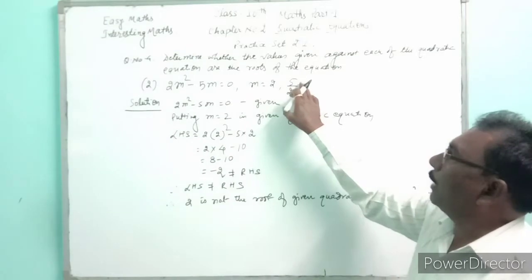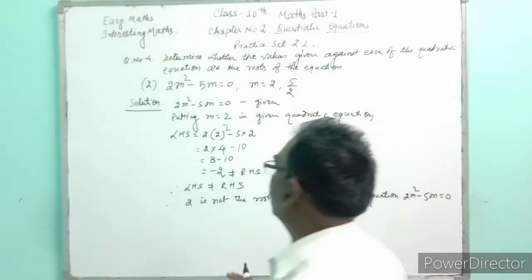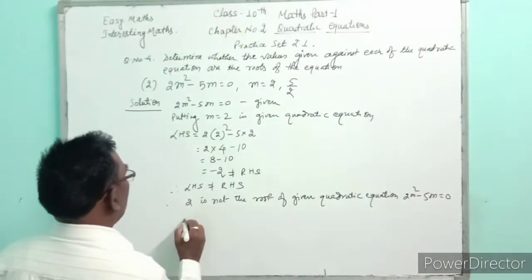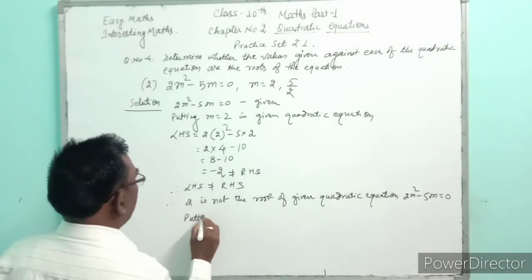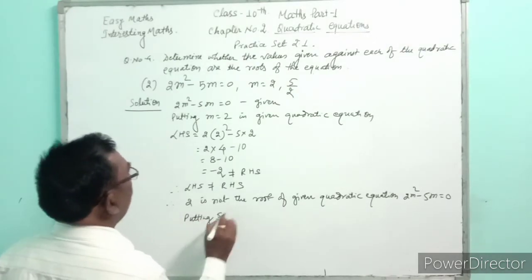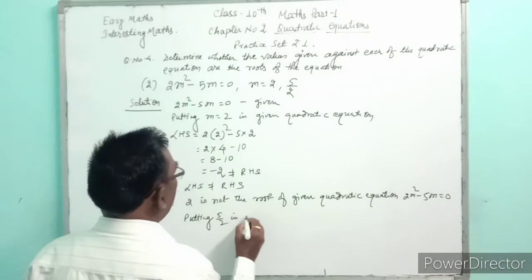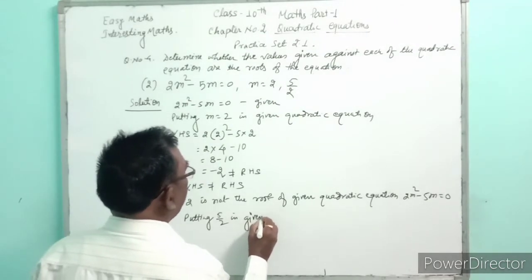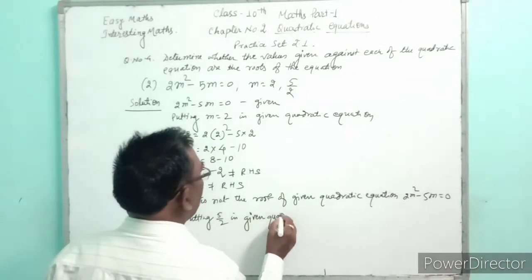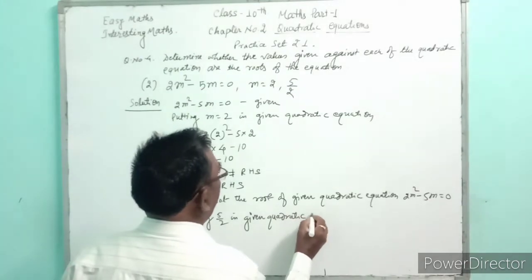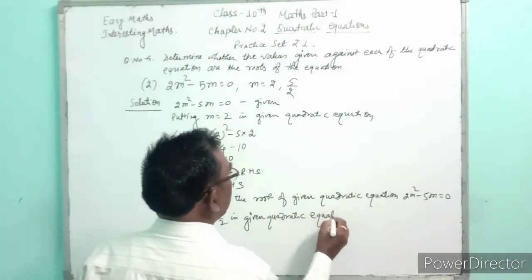Now we see 5 upon 2 or 5 by 2. Putting 5 upon 2 in the given quadratic equation.